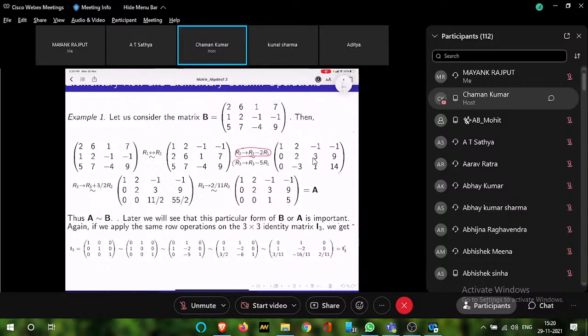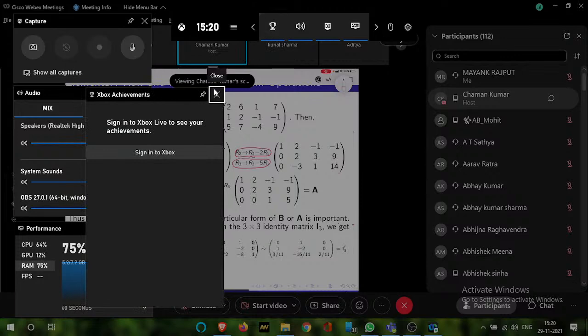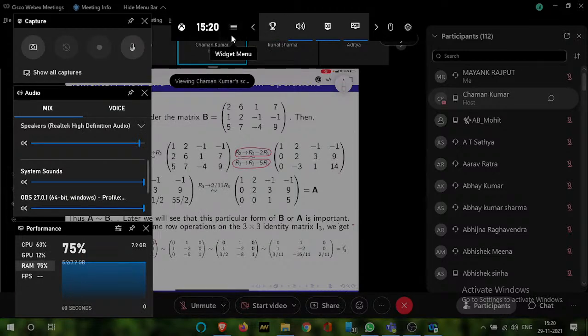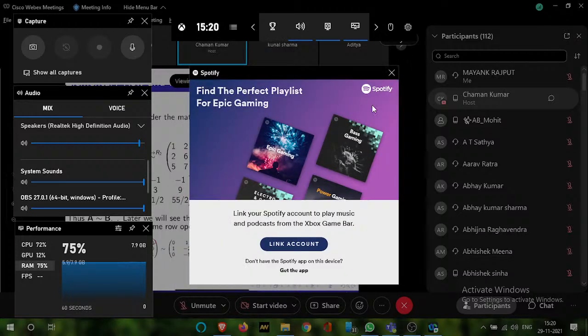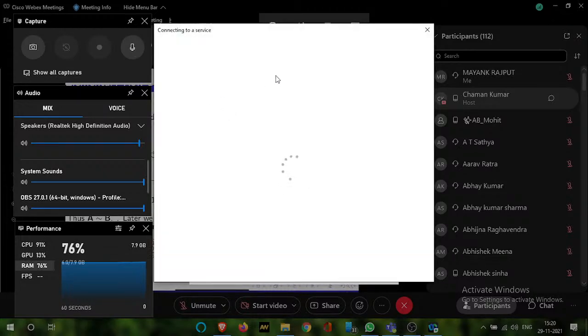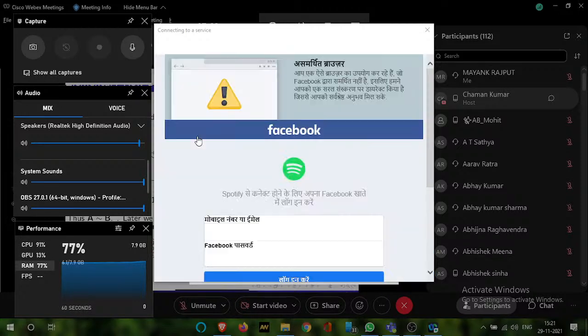Now apply this operation: replace R3 by R3 minus 5R1. So multiply the first row by minus 5, 0 minus 5 and 0, and add this to the third row. So you have 0 minus 5 1. You get this one. Okay, so after using these two operations, you get this new matrix.